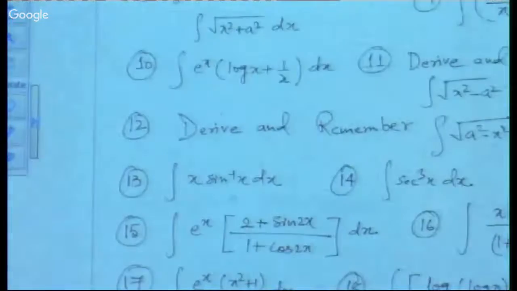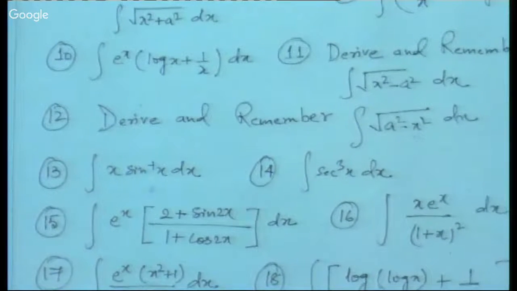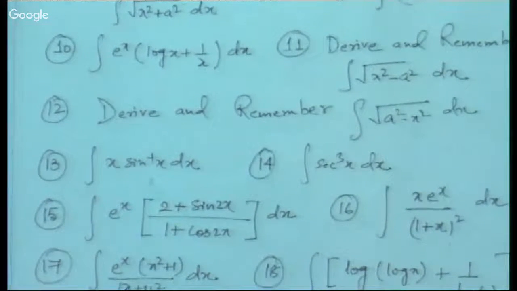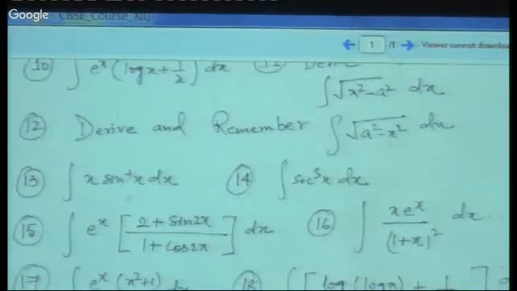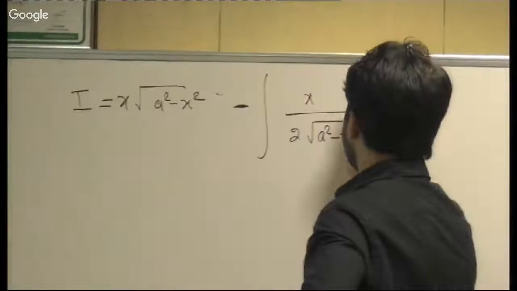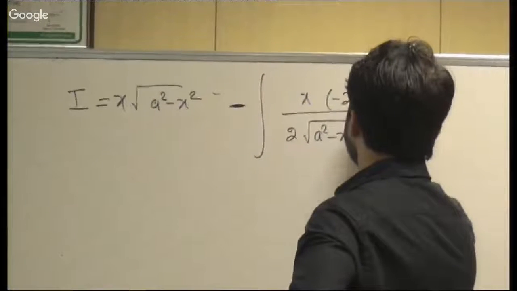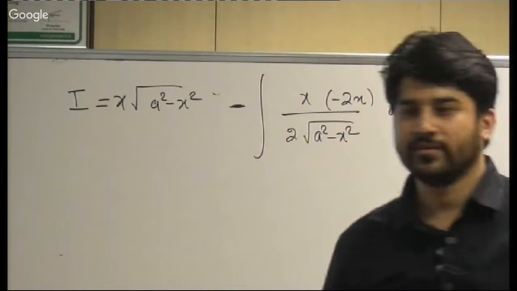Now see the 12th part. Again, we know how to derive it. We'll say I is equal to under root a square minus x square into x, right? Minus x into 2 by under root a square minus x square into minus 2x into dx, right?